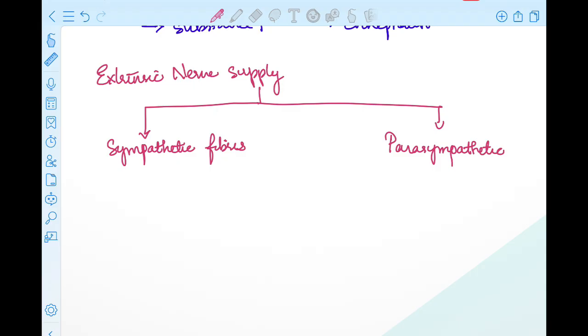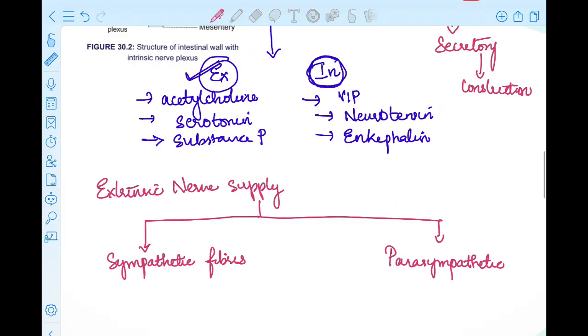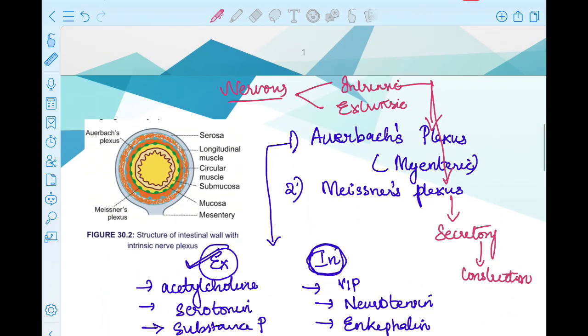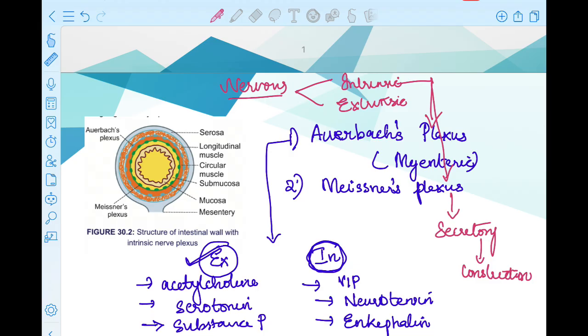I think it would be good if I discuss the nervous system with you next, after covering the GIT, since you might not be aware of what sympathetic or parasympathetic fibers are. So for now, just understand them as types of fibers.